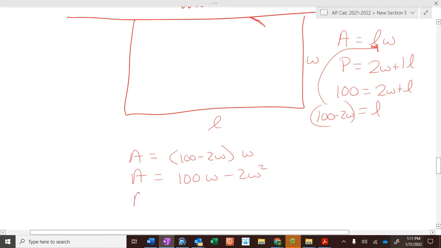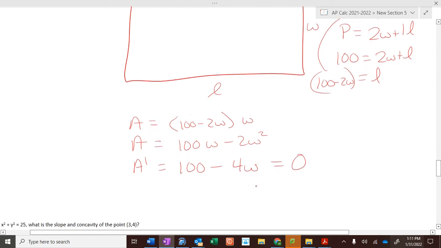All right. So, what's the first derivative of the area is a question that I wanted you to basically give me. 100 minus 4W equals 0. So if we move 4W to the other side, 100 equals 4W. 25.